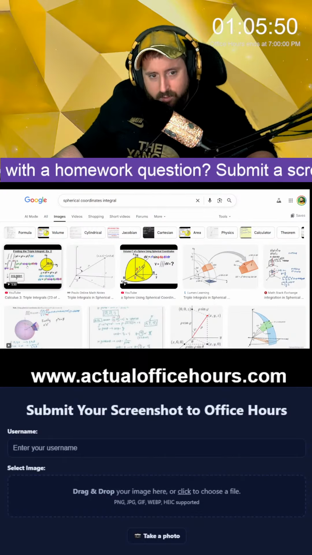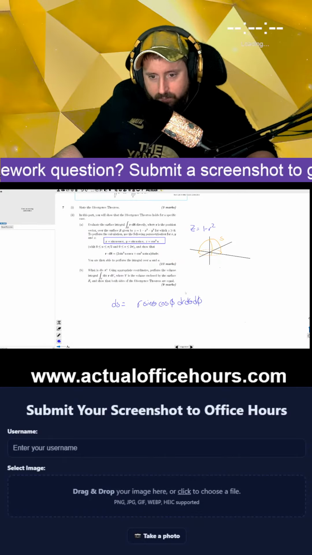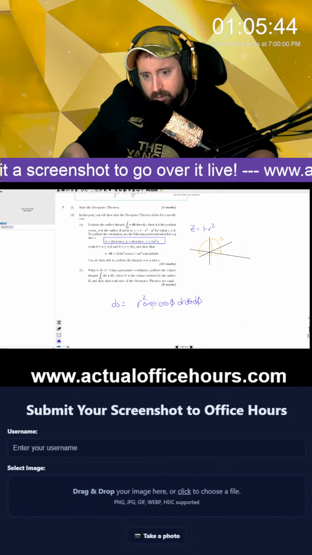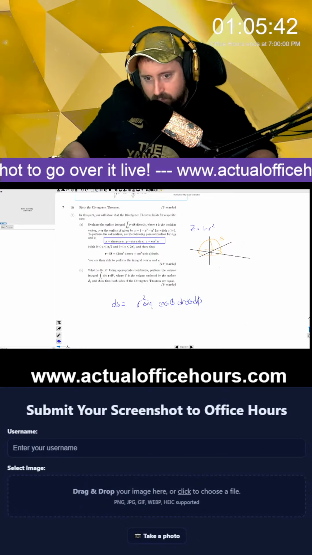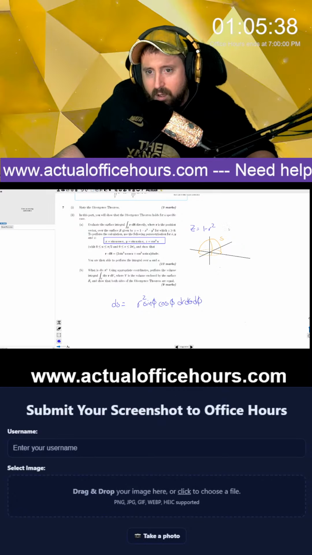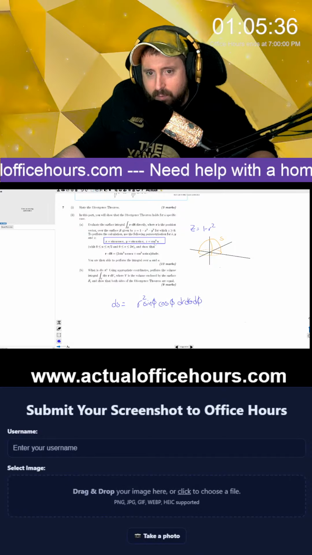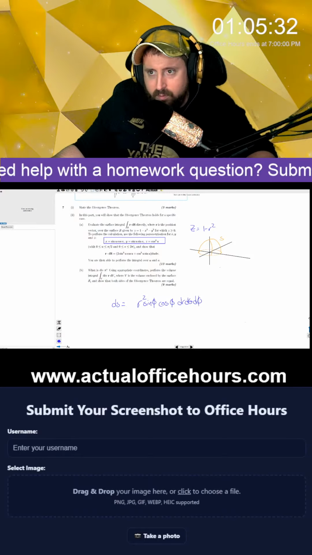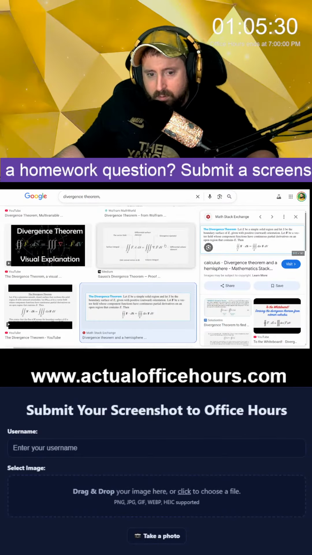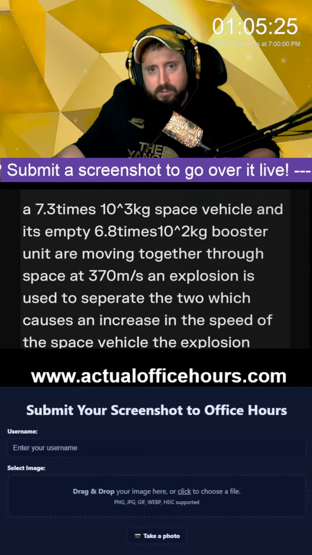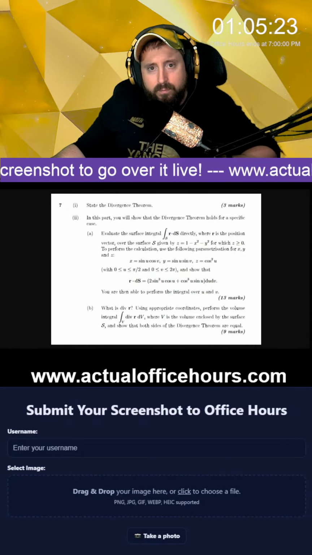It's r squared sine phi dr d theta d phi. But they're saying cosine u. I always have to remember which one this is. Let me go back to all this stuff.